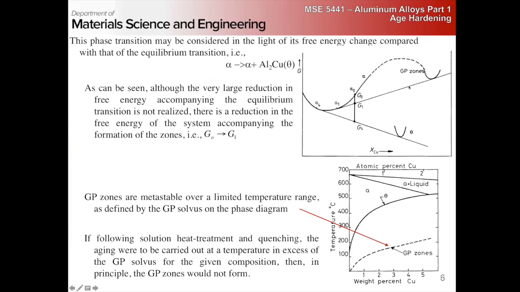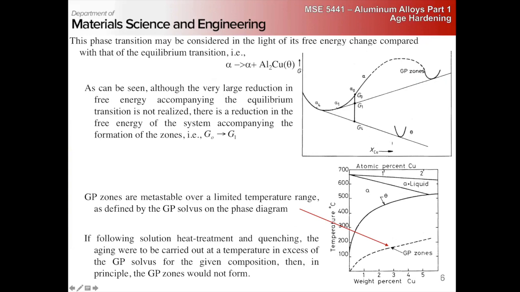Even though the overall free energy change is less, we go from G0 to G1 by nucleating GP zones rather than all the way down here. We still get a drop and we only have to change our composition from A0 to A1 in the matrix rather than going from A0 to A4. There's a lot more diffusion that has to happen to get to our equilibrium phase.